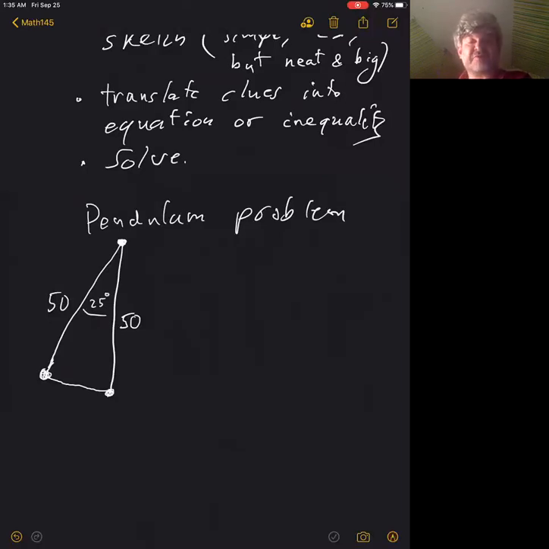Now, what do we want to find actually? How much does the tip of the pendulum, consider that weight at the tip at the point, how much did that rise?